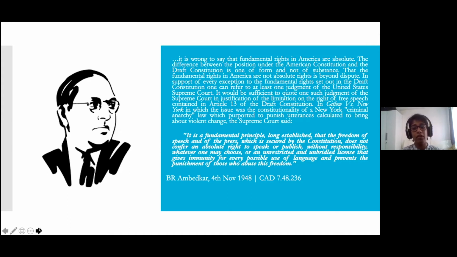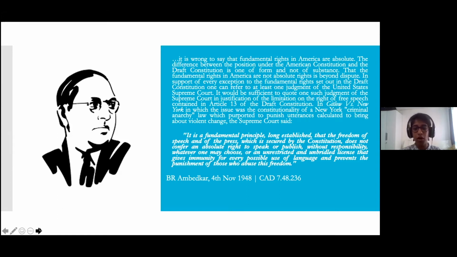So Ambedkar counters these arguments by stating that the argument that in the US the fundamental rights are absolute is mistaken, and that there are restrictions on this fundamental right of freedom of speech.